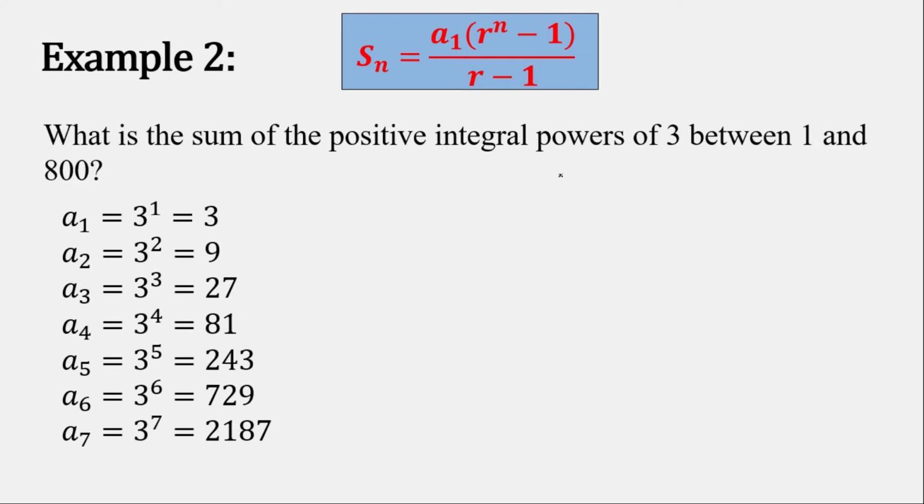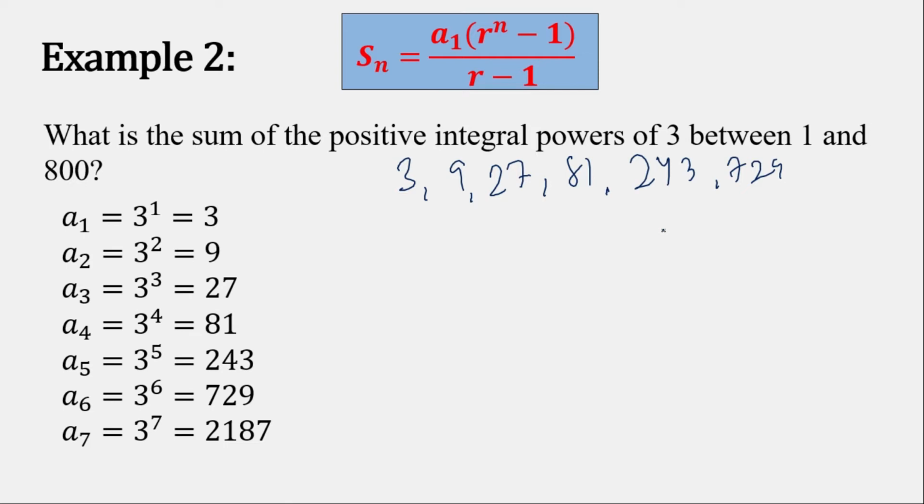Now all we have to do is to consider all the answers that are between 1 to 800, and that is 3, 9, 27, 81, 243, and 729, because 3 raised to 7 will fall out greater than 800. So now we have 3, 9, 27, 81, 243, 729 as our sequence.